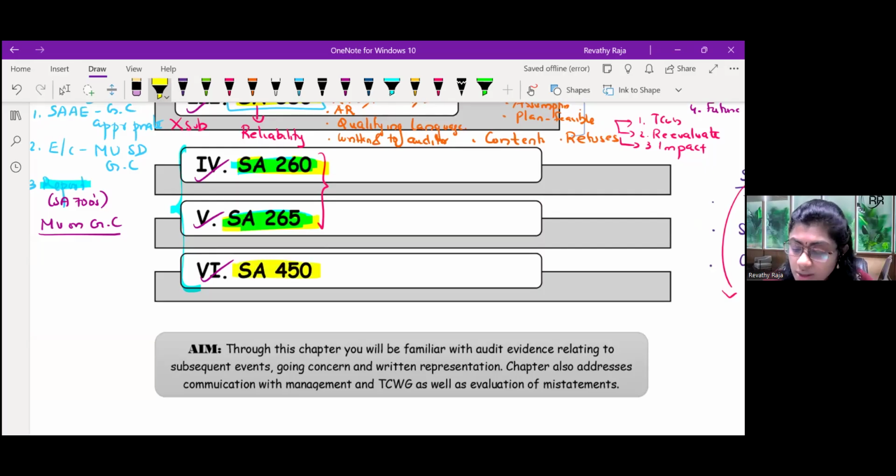Now going to the last SA, which is SA 450. What is SA 450? Evaluation of misstatements identified during the audit. So here there is a flow. What is the flow actually?